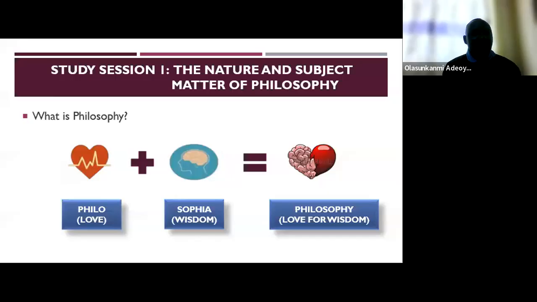So you can see that philosophy is love for wisdom. That is constant and persistent search for wisdom. And this search for wisdom presupposes a critical thinking attitude, because for you to think in depth, you must have a love to know more. You really want to know more about something.